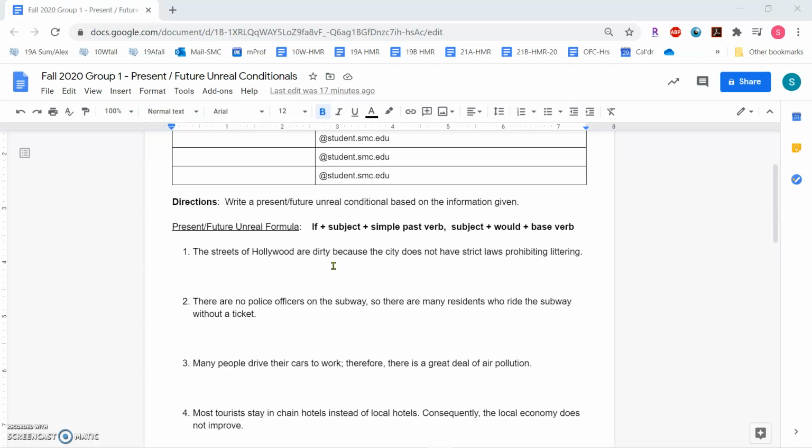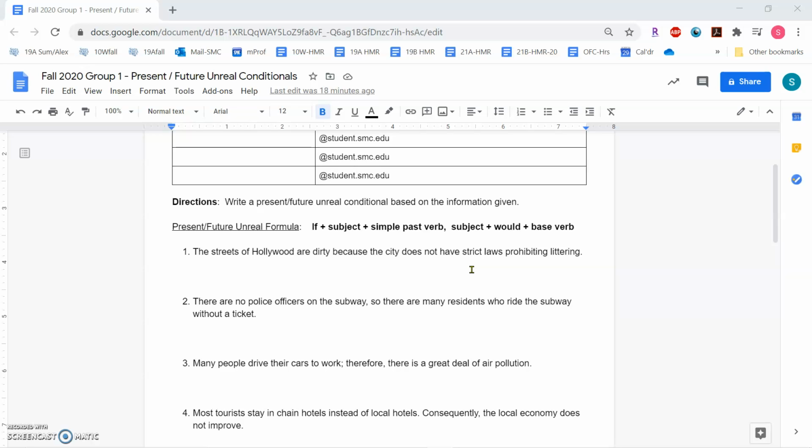So we change these words around so that we have a present or future unreal conditional with the same meaning as the original sentence. That's the goal. So for example, let's start with the if clause, and we're saying that the city does not have strict laws prohibiting littering, which, remember, we're imagining a different present or future with a different result.